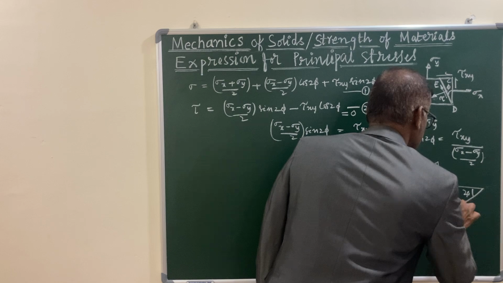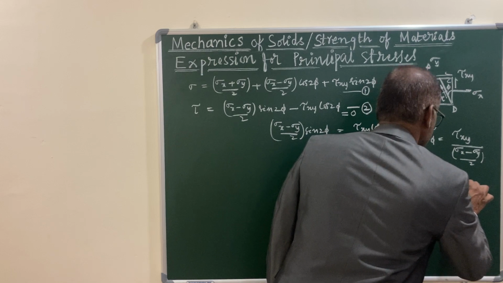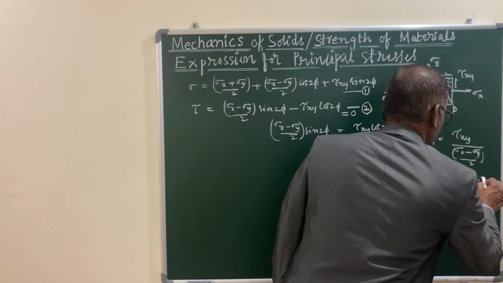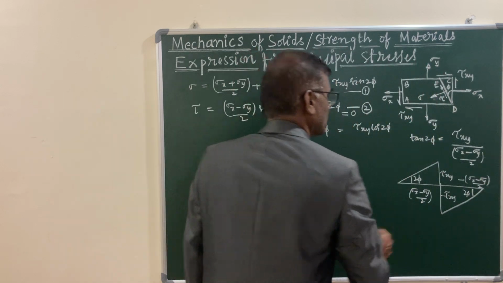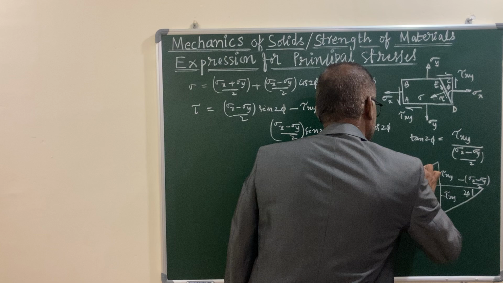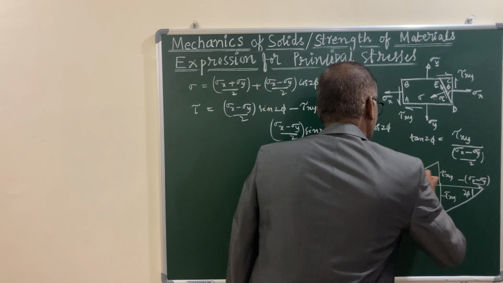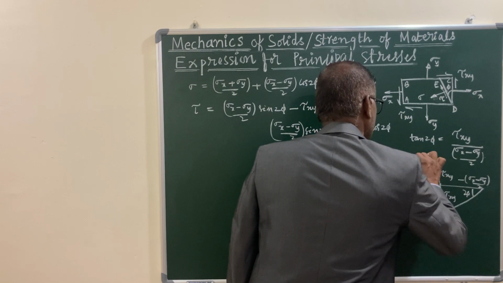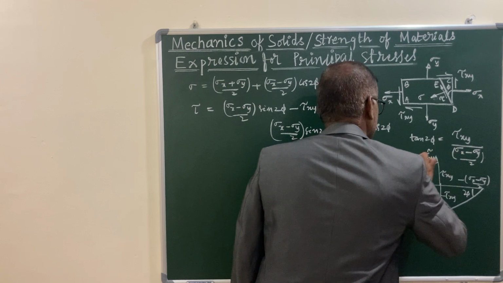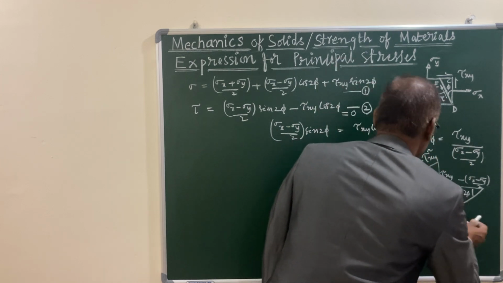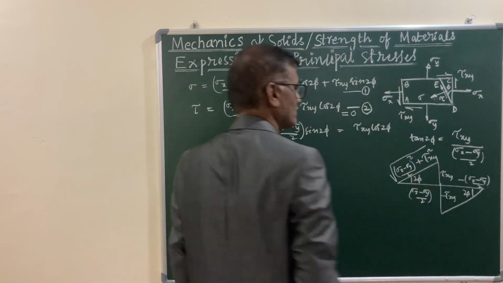So this is minus tau xy, and this is minus of sigma x minus sigma y by 2, and calculate the hypotenuse, that is the square root of sigma x minus sigma y by 2 whole square plus tau xy whole square. Similarly, here also the same expression is valid.